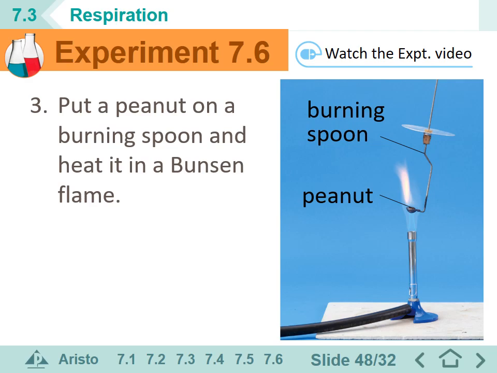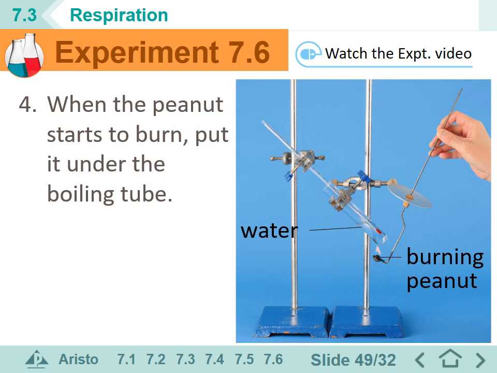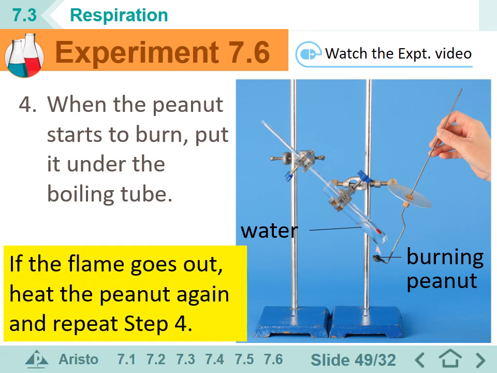We burn the peanut here, and now the peanut has caught fire. When the peanut starts to burn, put it under the boiling tube. Now the energy produced by the peanut converts to thermal energy of the water.